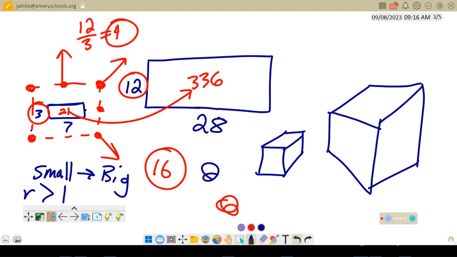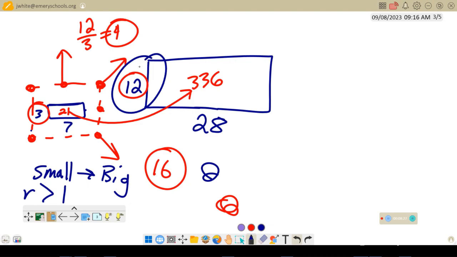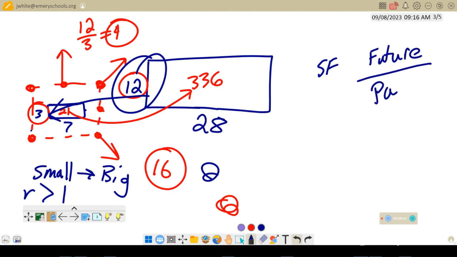Okay. Well, what if I did the dilation in the other direction? So what if I dilated from this to that? What would the scale factor be? So the scale factor is always the future shape divided by the past shape. So in this direction, the scale factor is 4, but in this direction, the scale factor is 1/4.